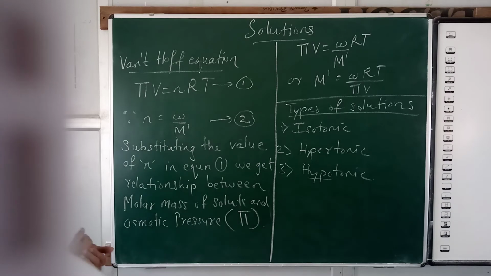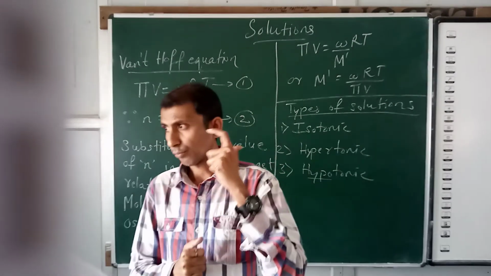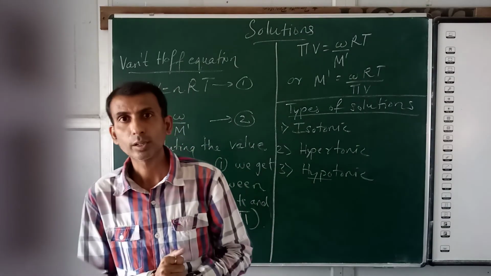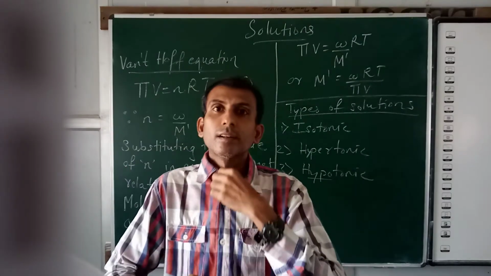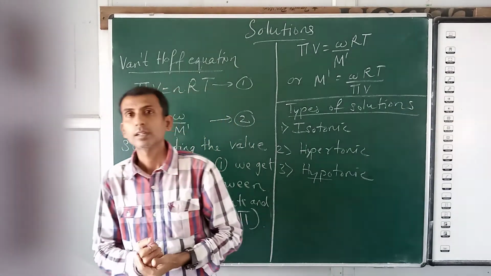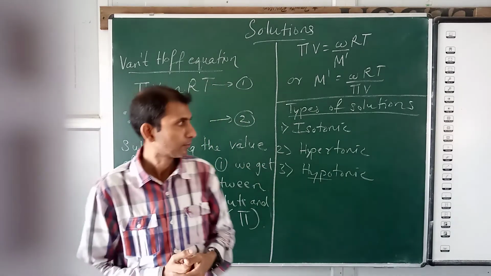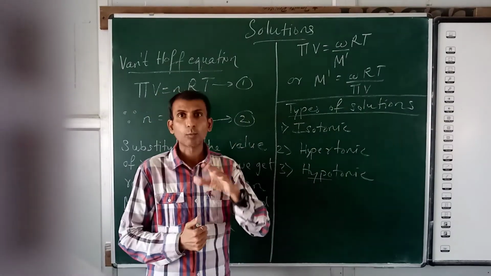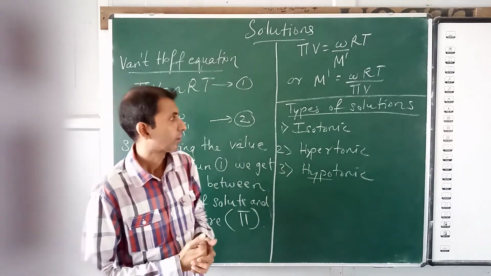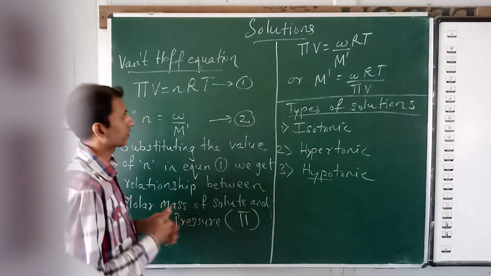So with this concept, dear students, four main colligative properties we have completed. Once again, just to name them: the first one was lowering of vapor pressure, then its relation with the molar mass of the solute. We have also proved that it depends upon the number of solute particles.